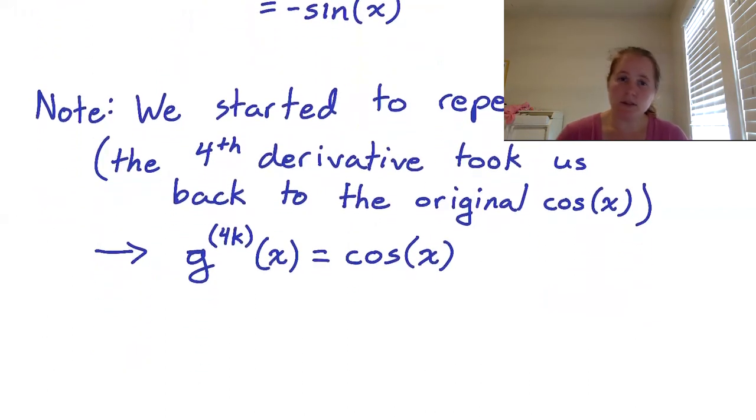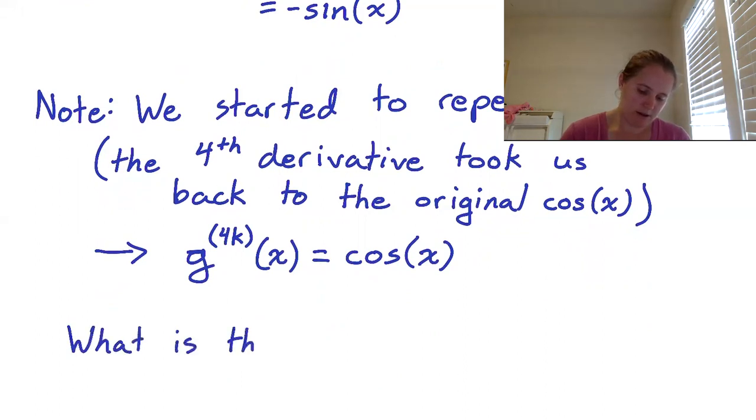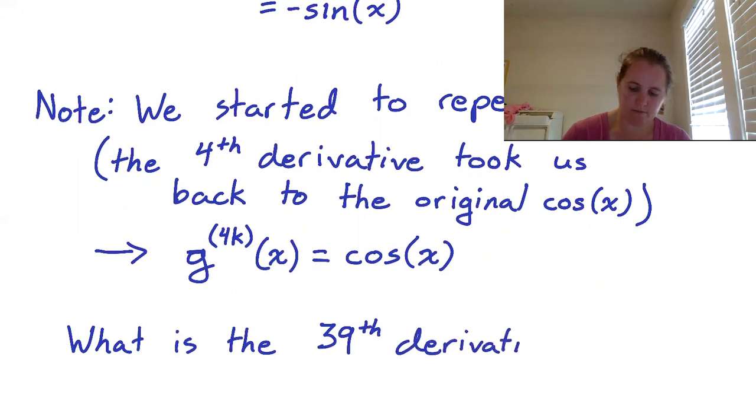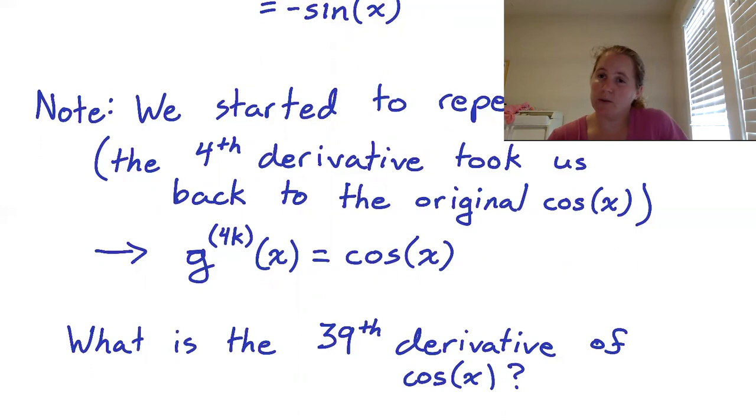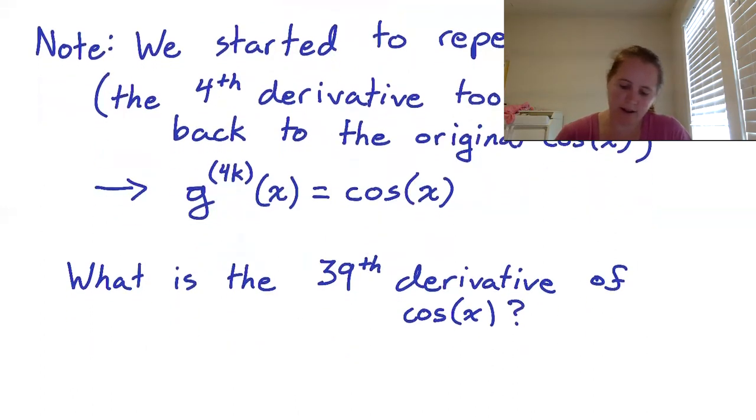So if I wanted to know what is the 39th derivative of cosine x, what I can do is go to the multiple of 4 derivative prior to that.